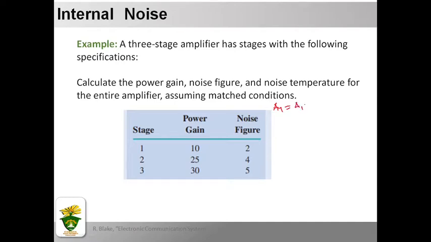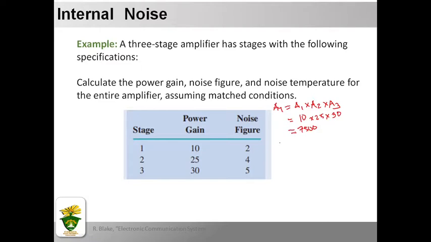So total gain is A1 times A2 times A3. So therefore we have 10 times 25 times 30 equal to, calculating it, we have 7,500.